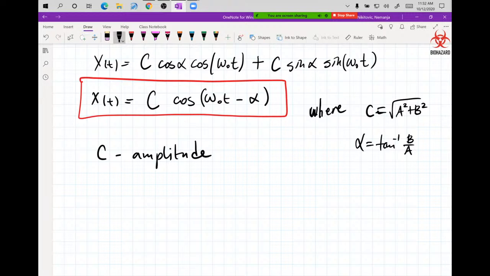That's measured by C. And then you also have omega 0. This is how fast it's moving left and right. So not how far it goes, but how fast it goes.